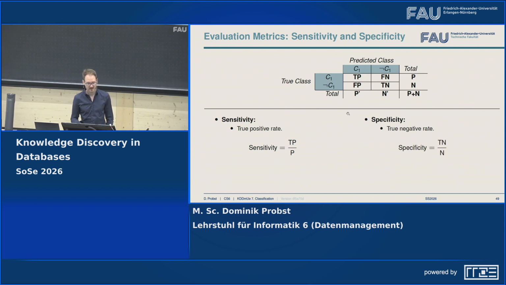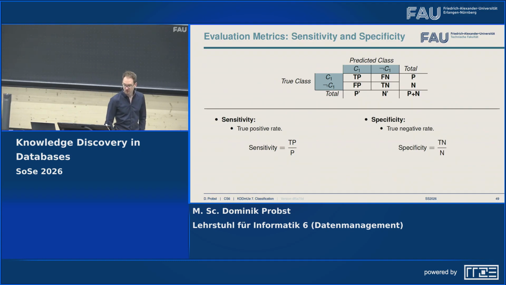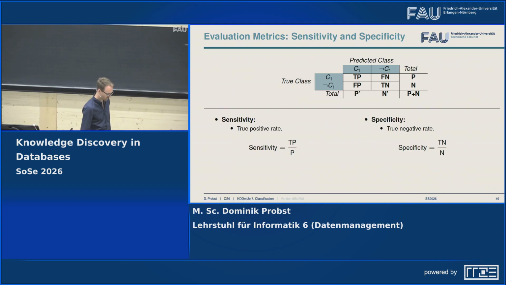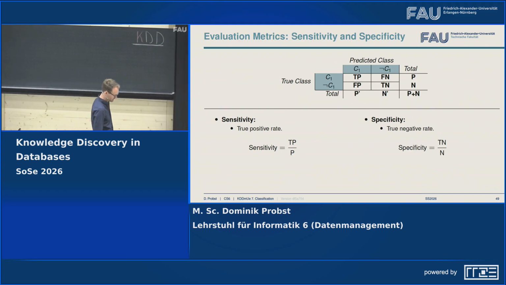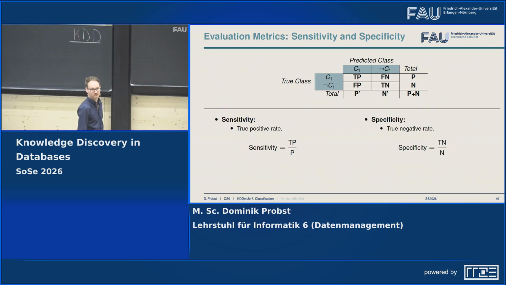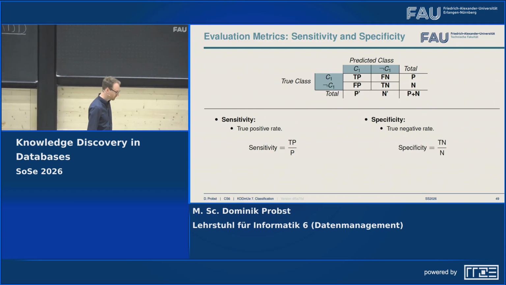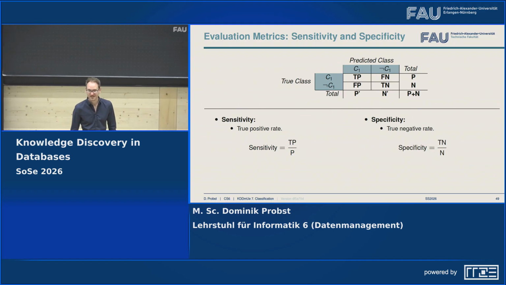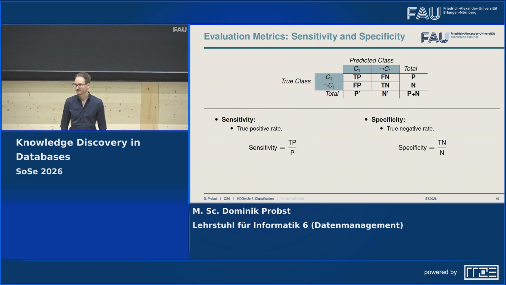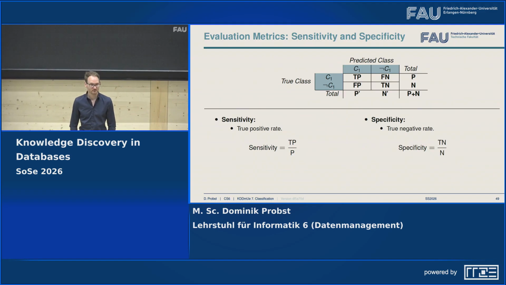Of course, you can have the other way around, the true negative rate. You do not want to have false positives, for example, in legal cases. You do not want to accuse someone of murder if they didn't do murder. And that's specificity.